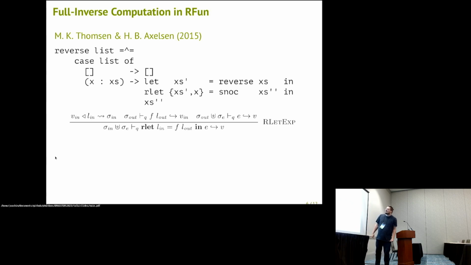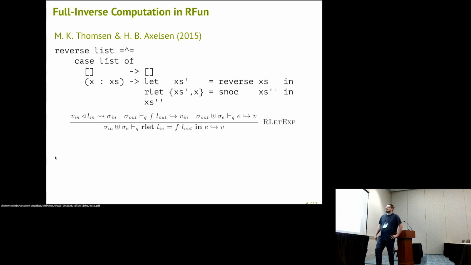Well, it's almost what you would expect. The result of rlet is Lin, the input to the reverse computation, and the output is the argument that you give to the function. First of all, you need to figure out what the f evaluated to.